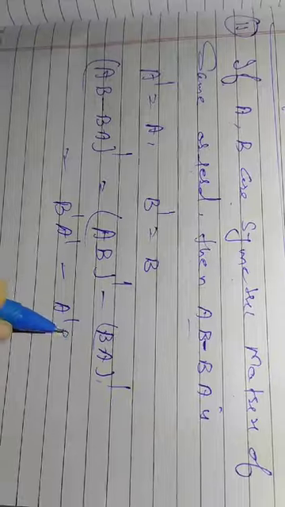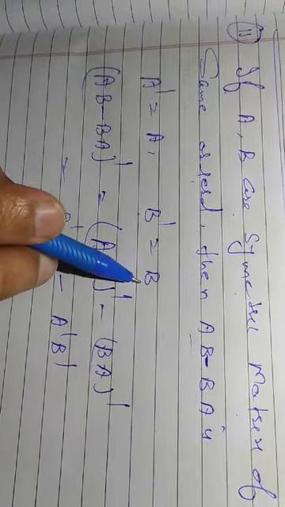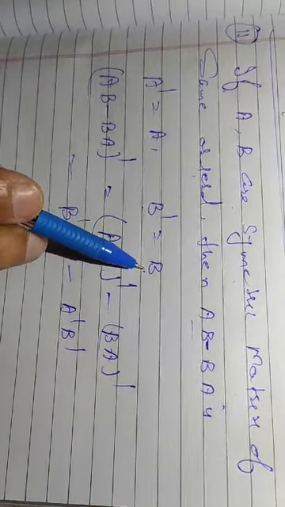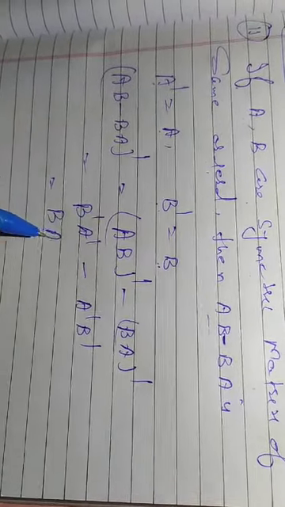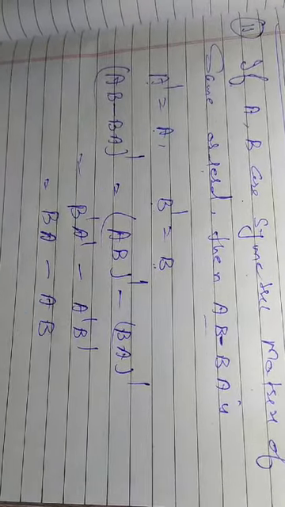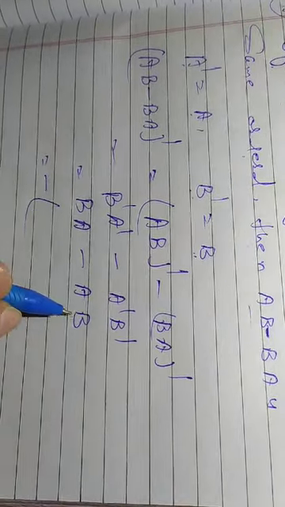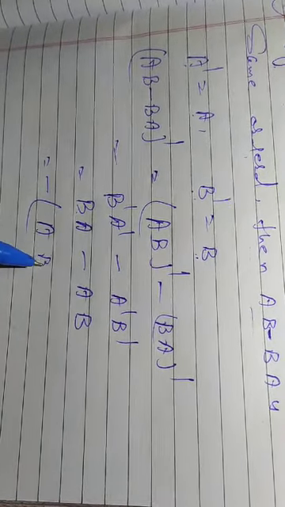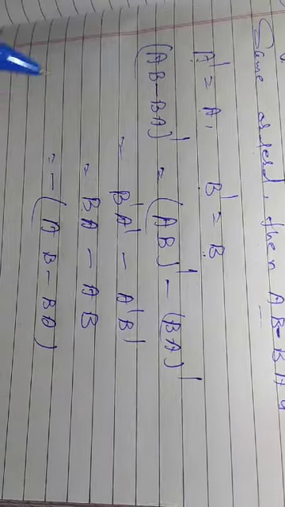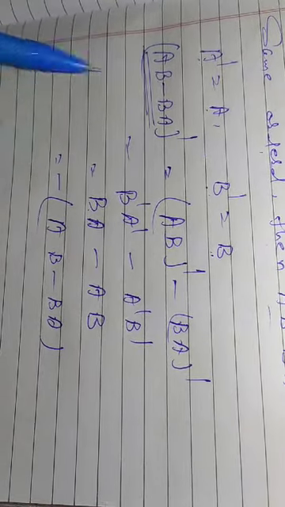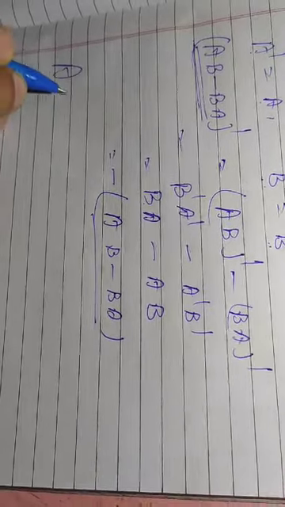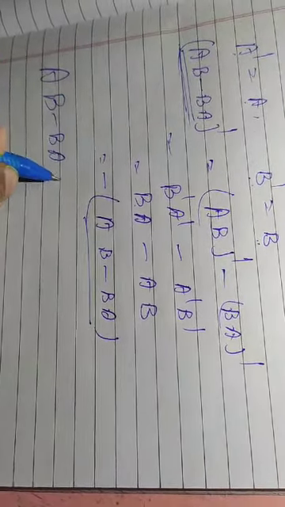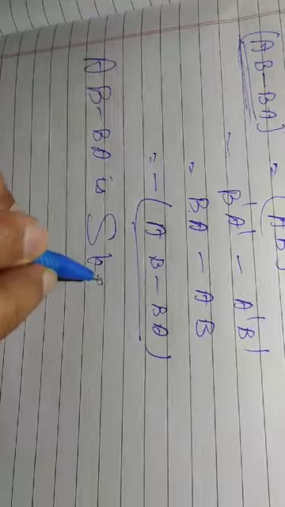B transpose is equal to B and A transpose is equal to A because they are symmetric matrices. It becomes BA minus AB. Taking minus common, it becomes minus of AB minus BA. The transpose of AB minus BA is negative of itself. Hence, AB minus BA is a skew symmetric matrix.